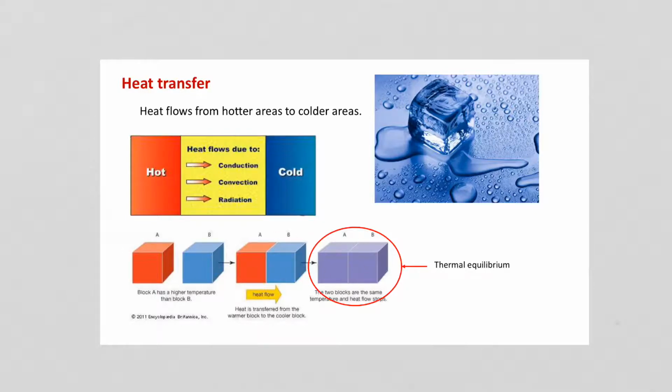If I have two objects, A and B, A being hotter than B, and I bring those two objects in contact with each other, heat will flow from the hotter object into the colder object, and that flow will continue until the time where both A and B are at the same temperature. Once they reach the same temperature, heat doesn't flow between the two anymore. The state at which those two objects A and B have the same temperature is known as thermal equilibrium.